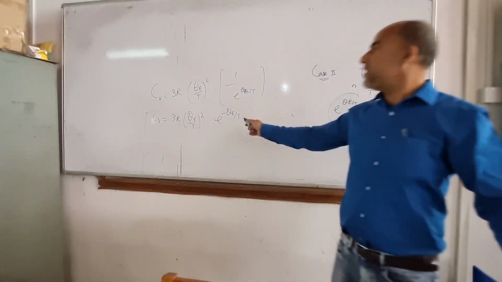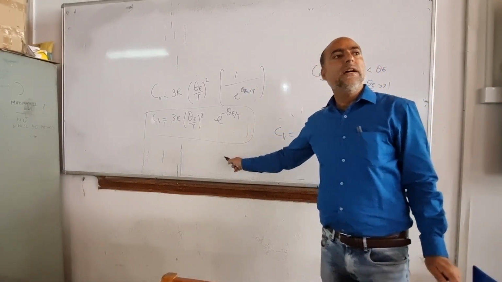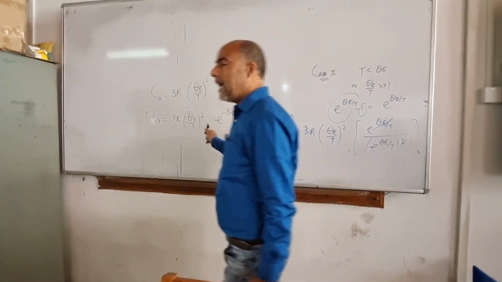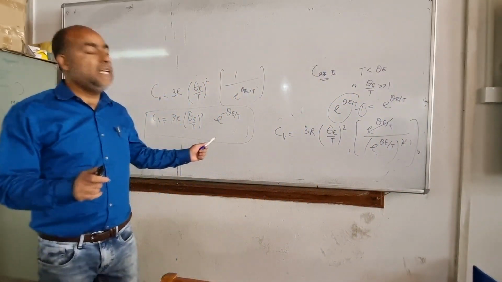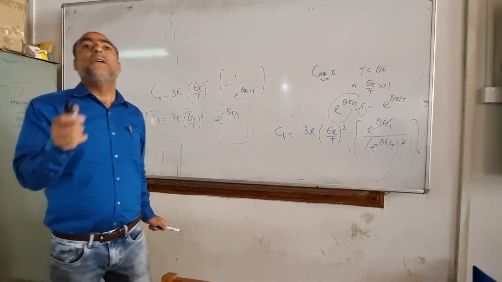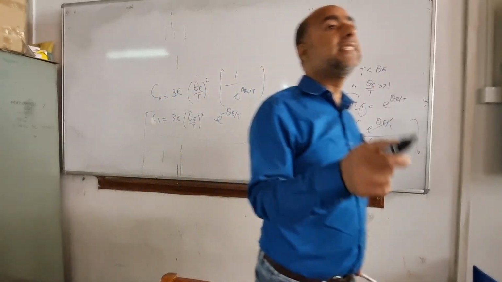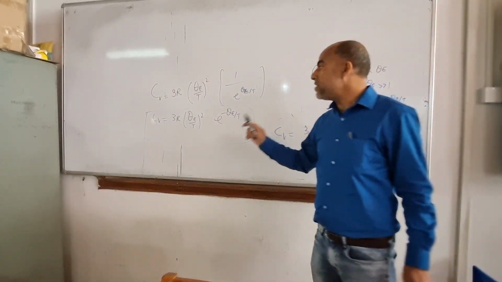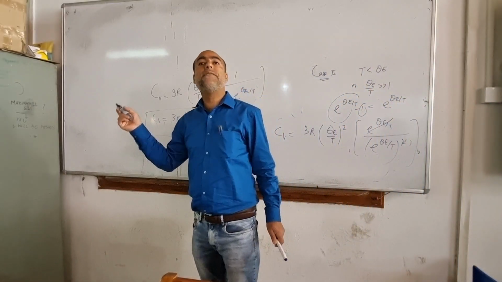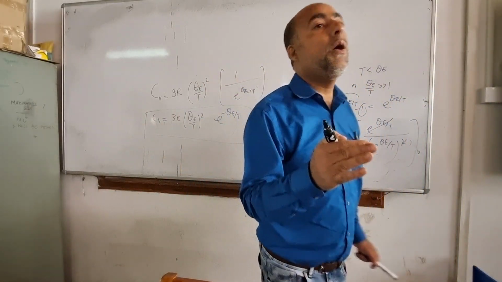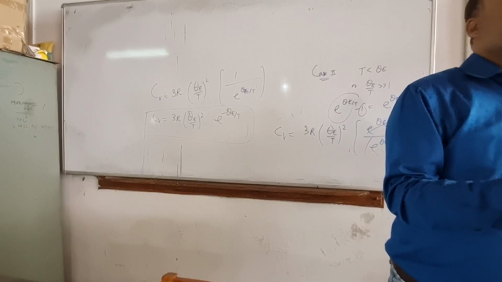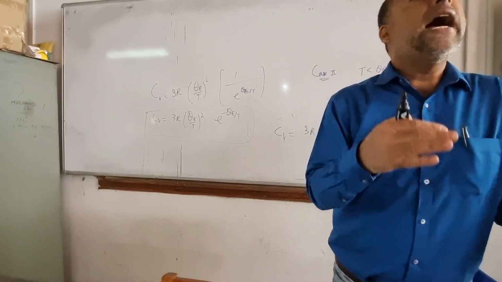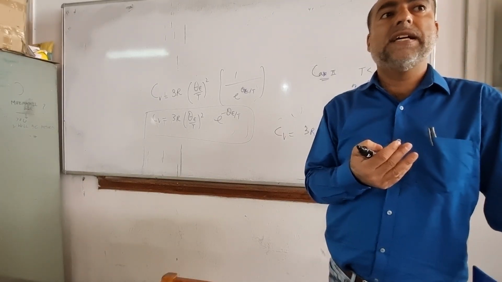This is the limitation of Einstein's model. Einstein's model is having a limitation in the second case, where your temperature is less than theta E, at low temperatures. It is not in agreement with the results that you are obtaining during experiments, because experiments show you entirely different results.